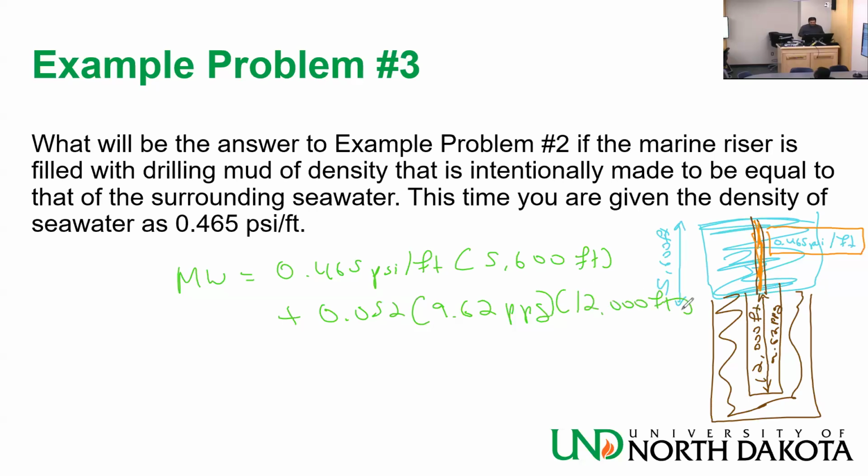I know this part is the same as example problem number 1. So it's 6,000, okay. I only need to calculate the above: 0.465 times 5,600, which is 2,604. So the answer would be 8,604.